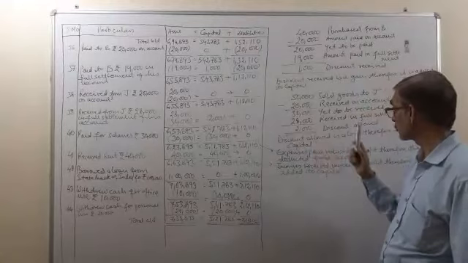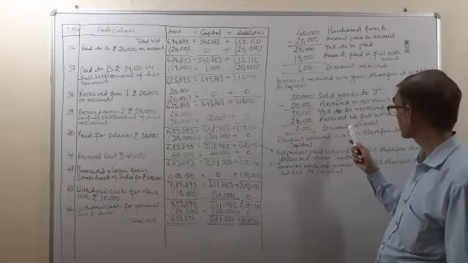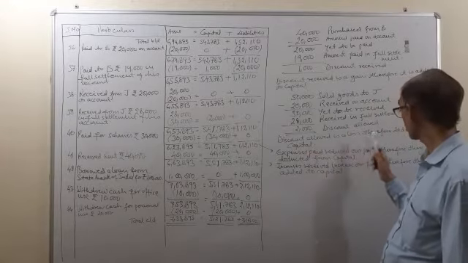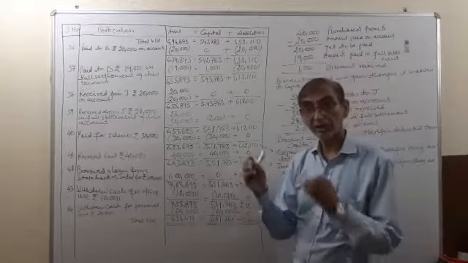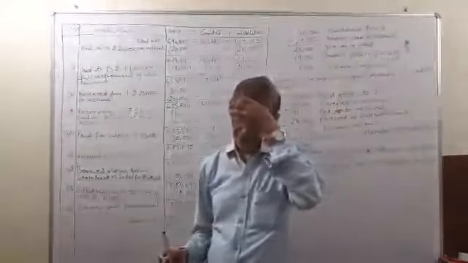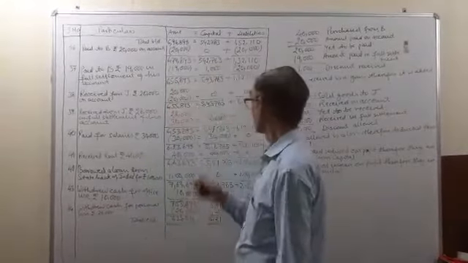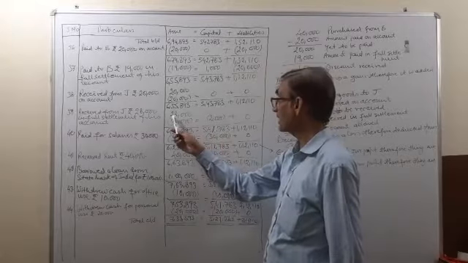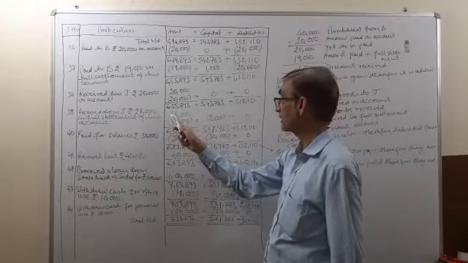So this 2,000 is a loss to us on account of discount allowed. So discount allowed is a loss, therefore deducted from capital. Whenever there is a discount allowed, it will be deducted from the capital because it is a loss. So here 2,000 will be subtracted from the capital. 28,000 is the amount that we have received.